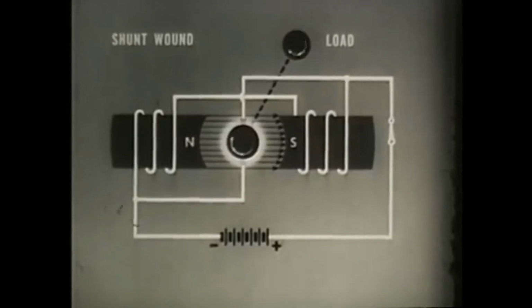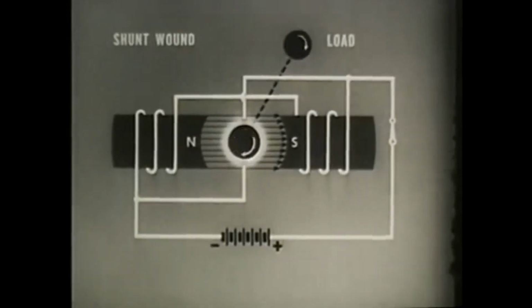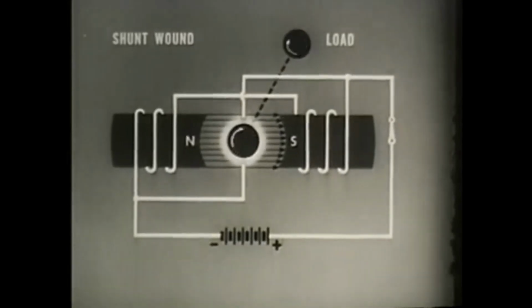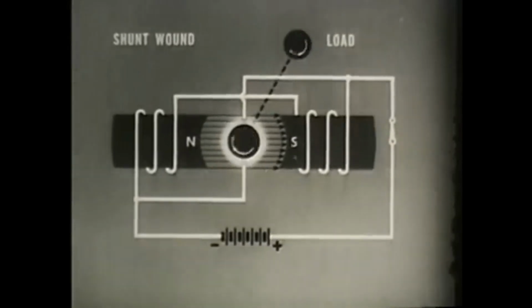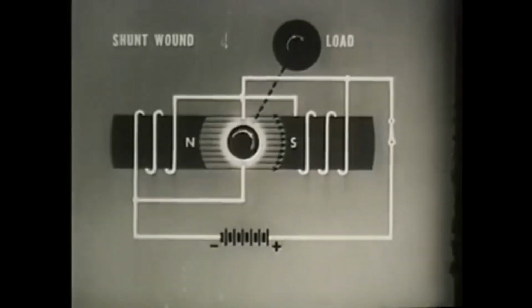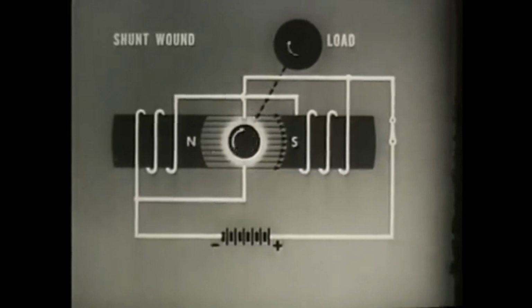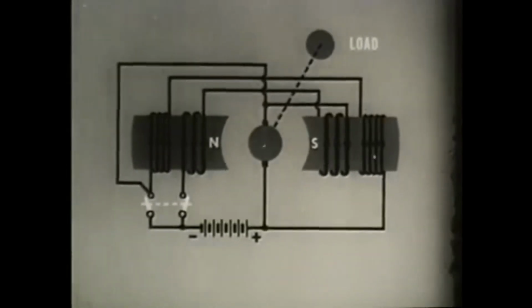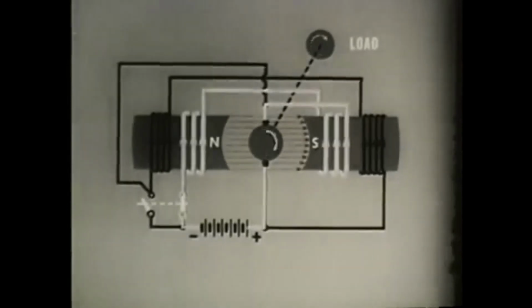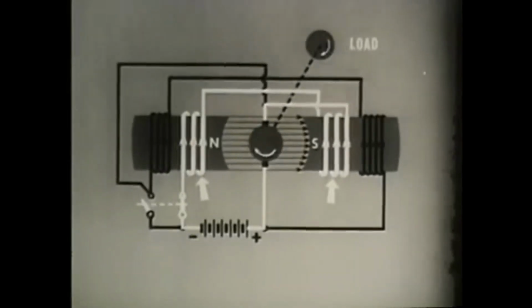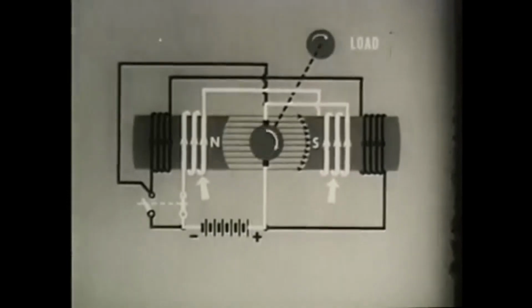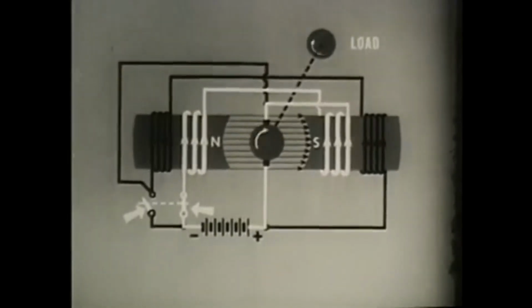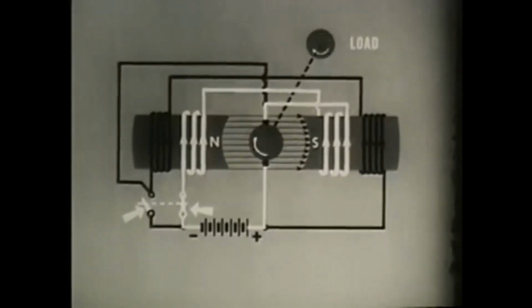In shunt wound motors, with the field coils connected in parallel across the DC input terminals, the starting torque is not too good, but since the field current is independent of the rotor current, the speed regulation is quite good. The compound wound motor combines the best features of both types. It uses a series section for good starting torque. Then it switches to a shunt arrangement for good speed regulation.